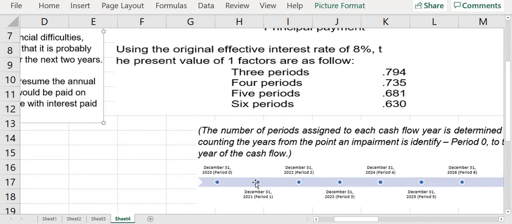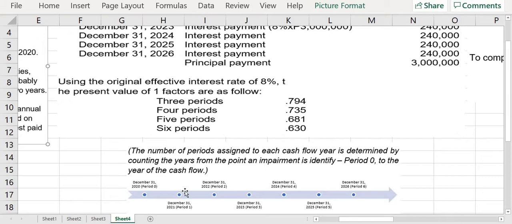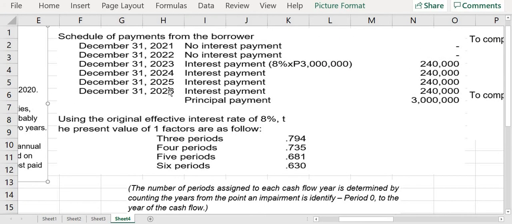on period 1, hindi natin kinuha ang present value factor niya dahil nga wala namang cash flow for 2021. Supposedly, ito yung 1 period. Sa 2022, hindi din natin kinumpute ang present value factor dahil wala din namang cash flow, walang interest payment.